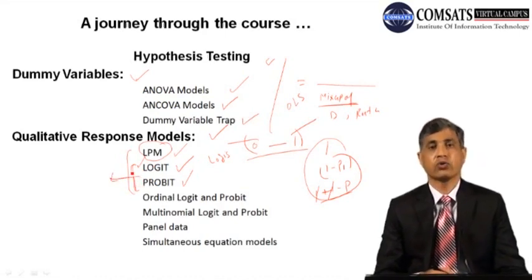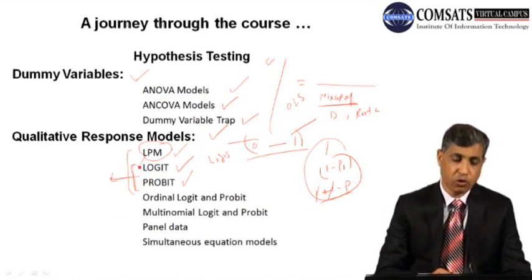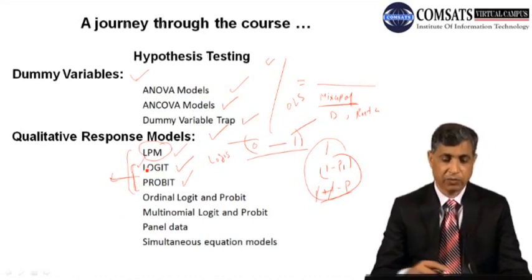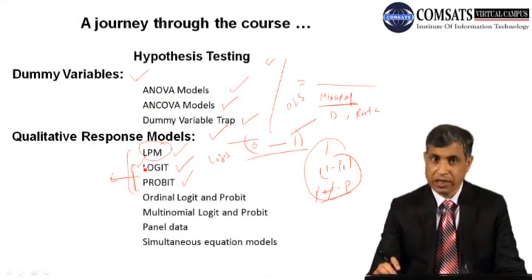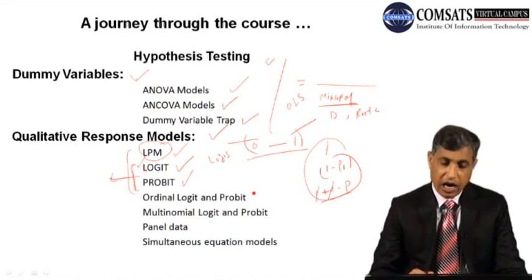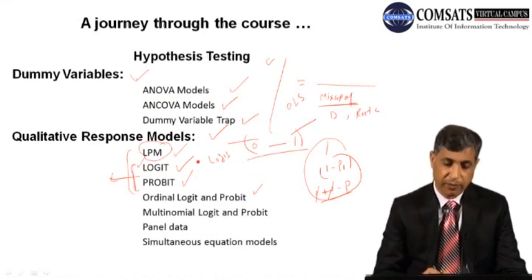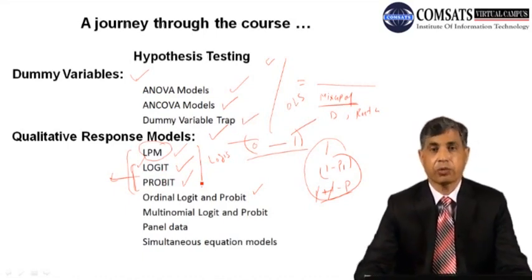The results are similar in many situations, and researchers go for the Logit model because it is more mathematically comprehensible and easy to do. These were applicable when our dependent variable was dichotomous.